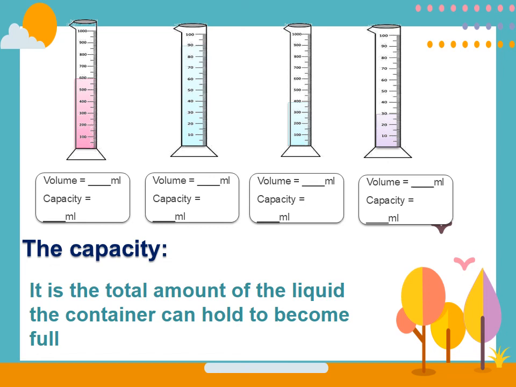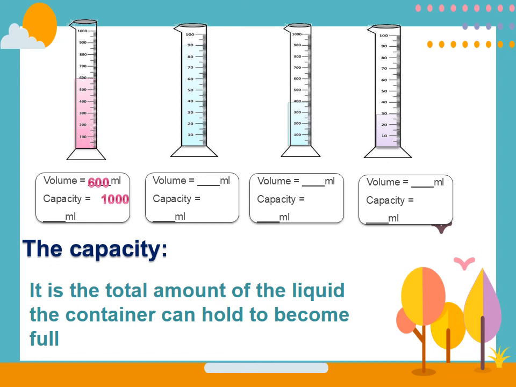Let's understand from the first example. The liquid here is up to 600 milliliters, so the volume is 600 milliliters. But this graduated cylinder can hold 1,000 milliliters, so the capacity is 1,000.